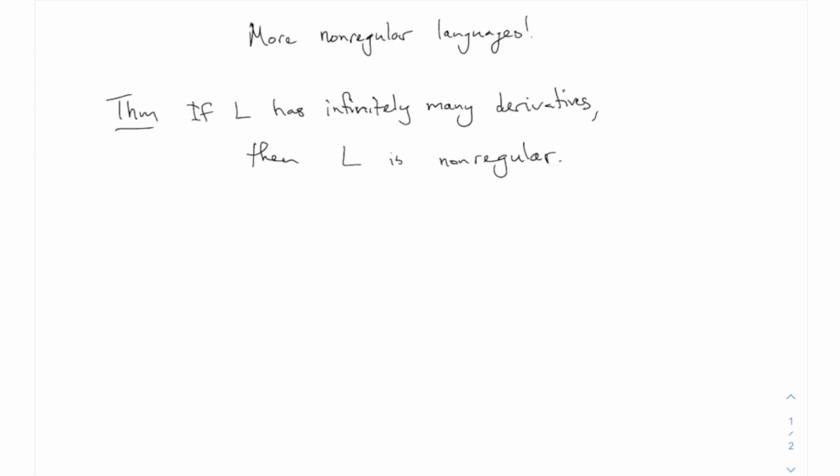We did several examples last time, but they were all very similar to one another. Today I want to do slightly more exotic, more interesting ones. But one like the ones we did last time would have been something like a, b to the n, a to the n.